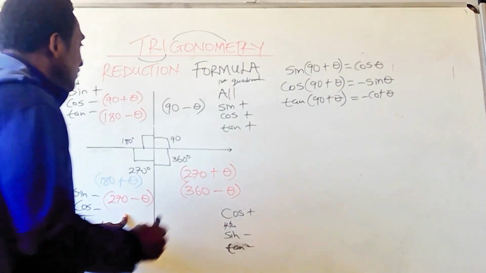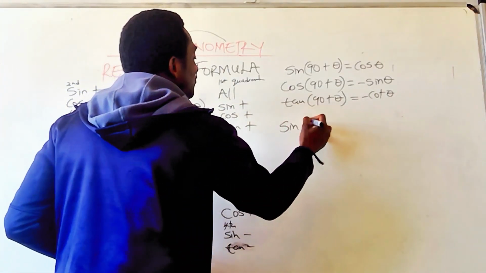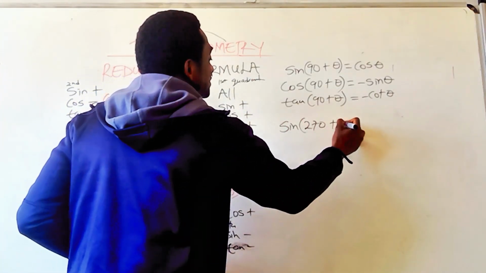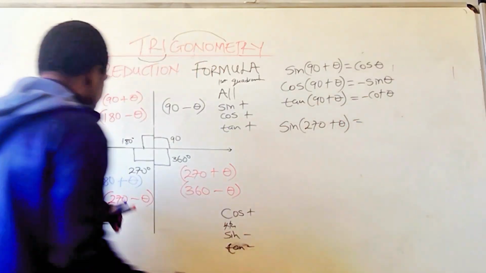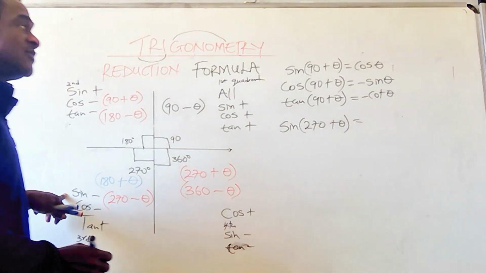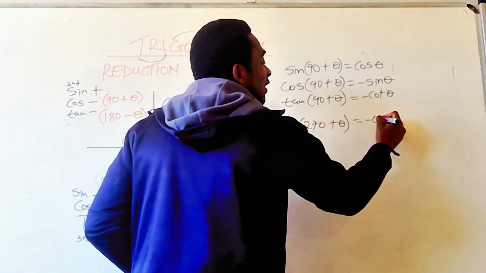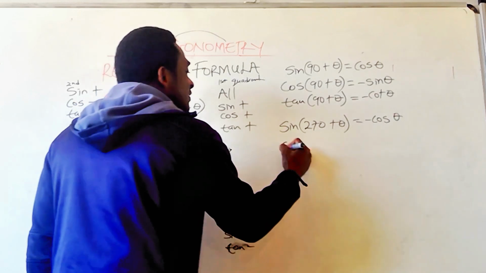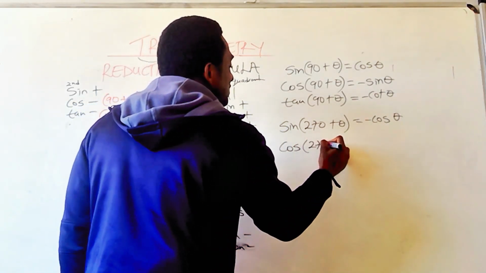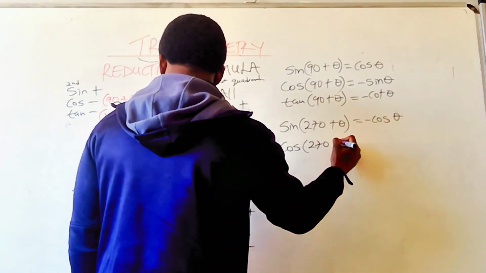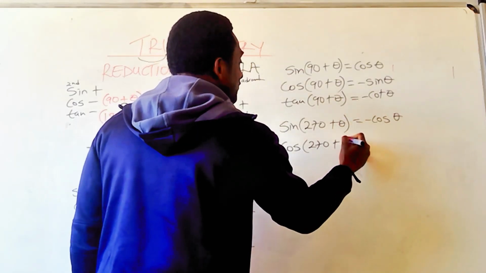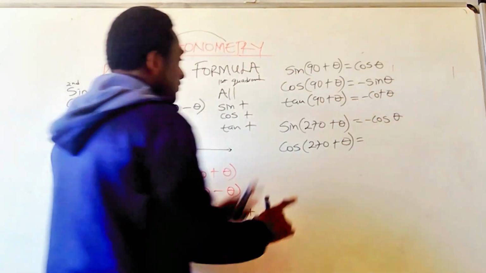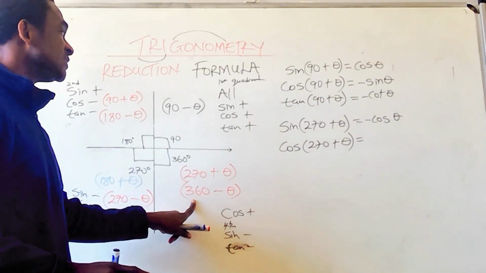If we have sine of 270 plus theta, on this quadrant sine is negative, so the cofunction will also be negative. If we look at cos of 270 plus theta, we are looking at the last quadrant.